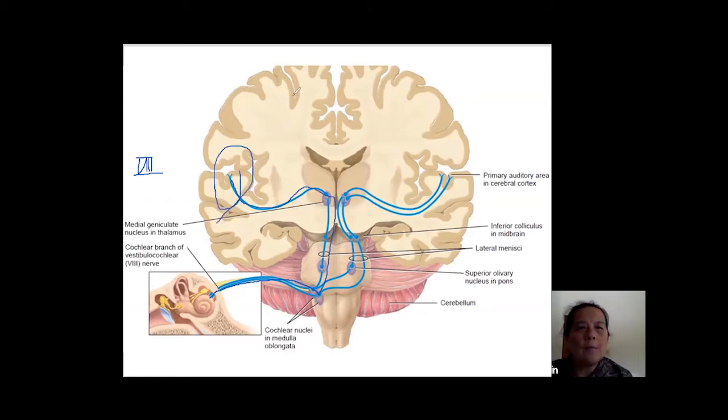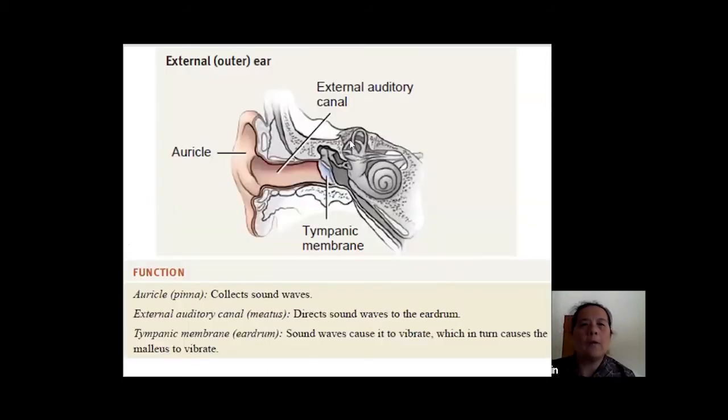So that's basically how our ear can hear something, because we have nerves going there. The ear function is pretty simple, especially the outer ear and the middle ear, but we will still go over the function together.